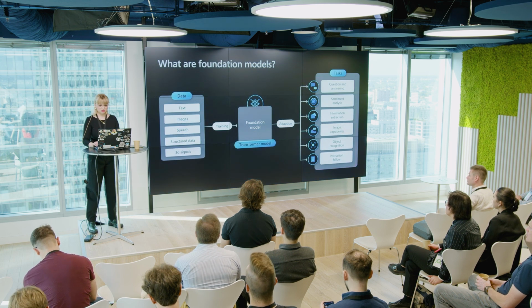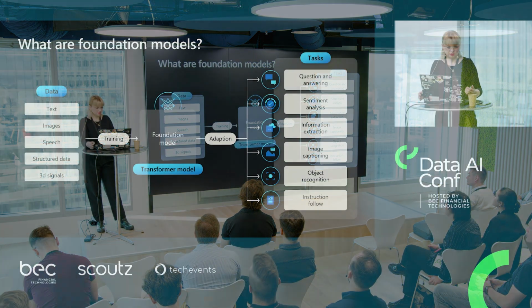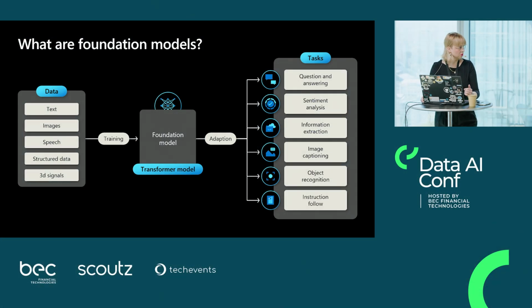So what is a foundation model? Basically, a foundation model is a model which is able to use multiple different types of data sets. Those data sets can be text, images, speech, which means sound. It can be structured data. It can be 3D signals. Multiple types of data are then used to train the so-called foundation model.